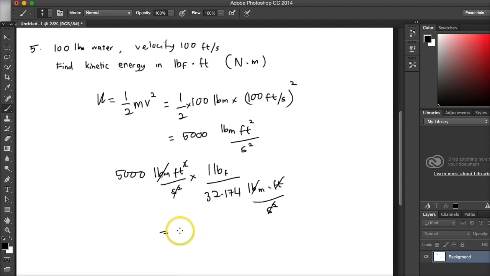So in the end we have 155.405 pound force times foot. The question wants the kinetic energy in this version, and in the end we get this.